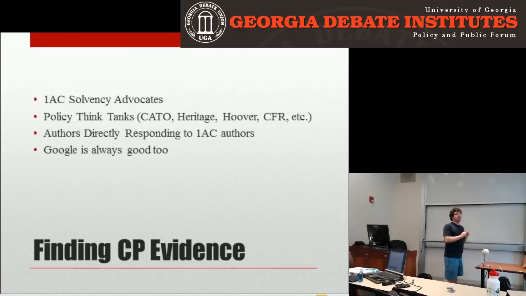The best evidence and almost the easiest to find is to just go through the 1AC that you're preparing against and go through their solvency evidence, because most of the time the 1AC evidence is researched in a way that's specific to the affirmative, but there are other parts of the article that talk about other policy solutions.